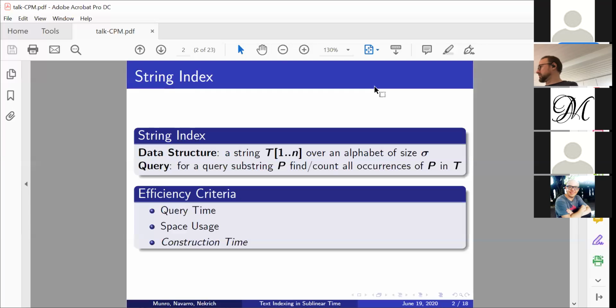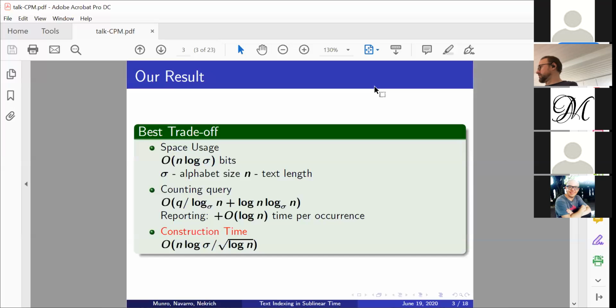and construction time. So in this talk, I will concentrate on the third criterion, and I will describe a data structure with efficient construction time. There are several different trade-offs between construction time and query time described in the paper.